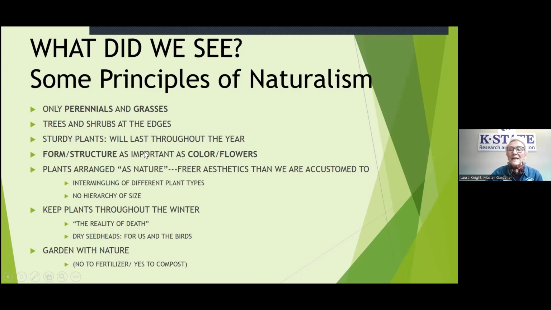Sturdy plants that will last throughout the year, because you are planting for a year. You are planting plants that have form and structure, because form and structure in plants is as important as colors and flowers. Colors and flowers, I always think of them as like our youth, whether male or female.